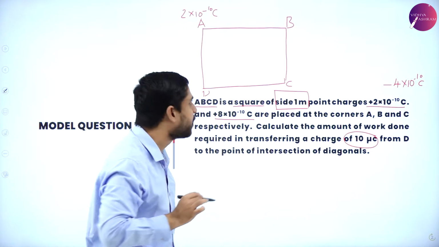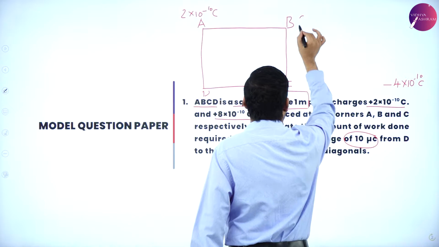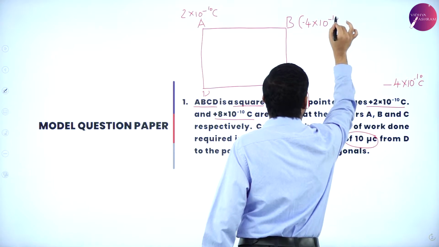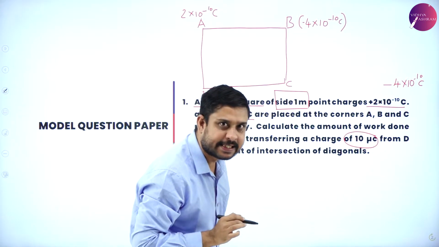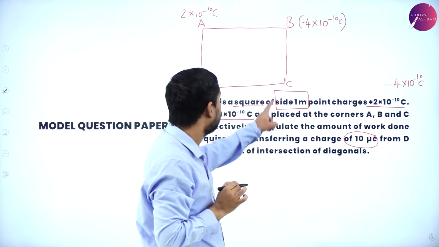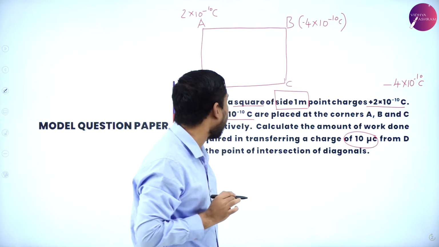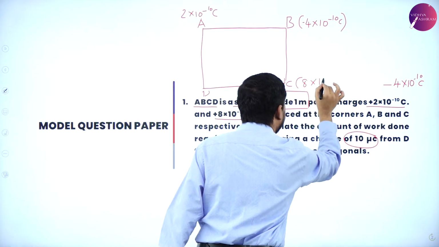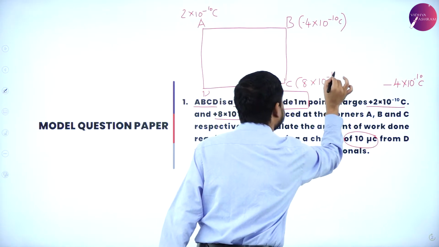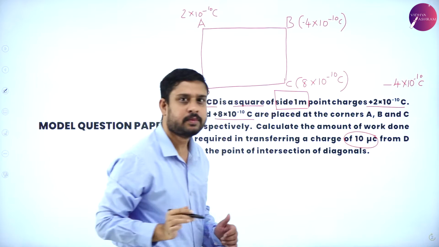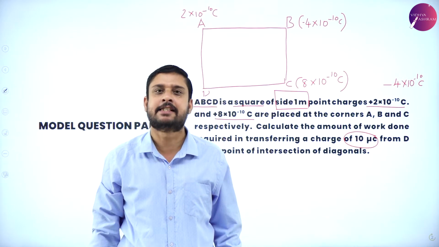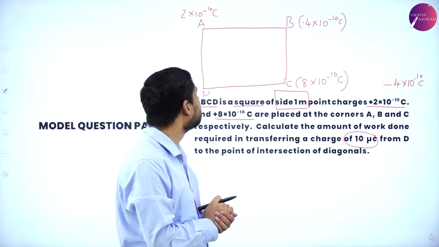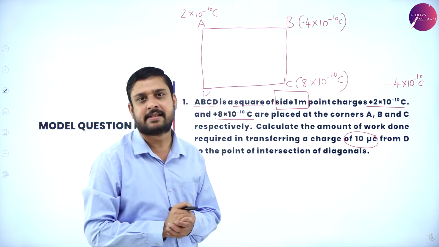Charge placed at B is minus 4 into 10 power minus 10 coulomb. And the charge placed at C is 8 into 10 power minus 10 coulomb. So these are the charges placed respectively at the points A, B and C.